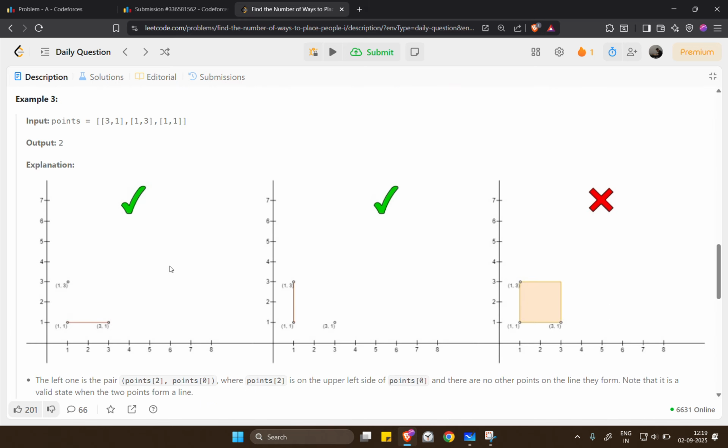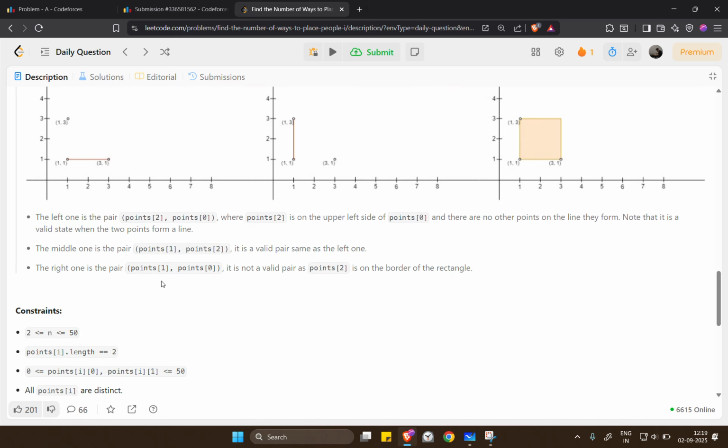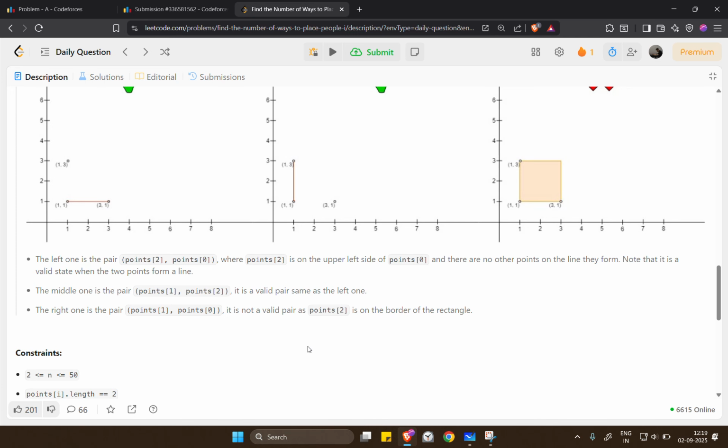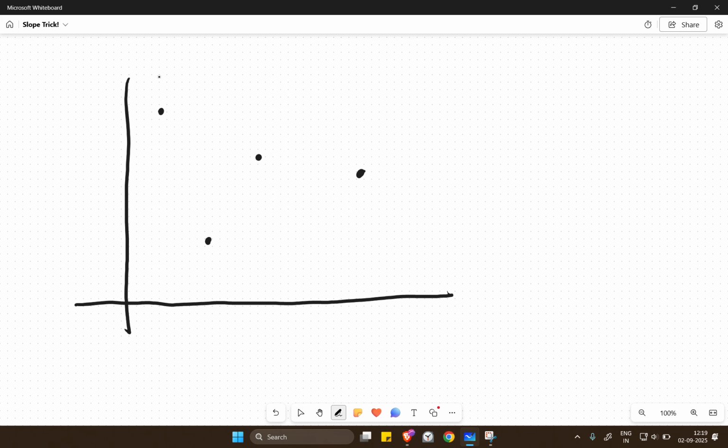So what I can notice here is that I can basically brute force. I can take any 2 points. So let's go to the whiteboard. So suppose these are my points. So what I can basically do is that I'll start from this point. I'll check for all these 3 points that if this point lies on the upper left part of these points, the point which we are considering, and any other point should not lie inside the rectangle that they make.